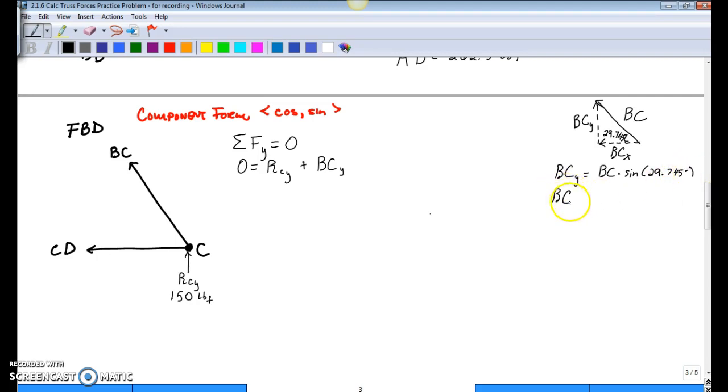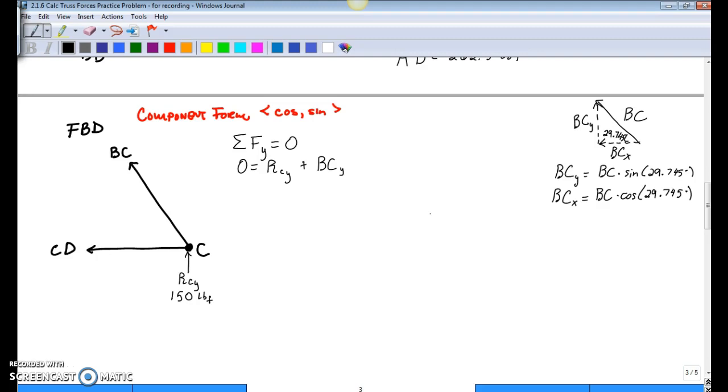While we're at it, BC in the X direction is the full member BC times cosine of 29.745. That's just simple trig. Sine of 29 is BCY over BC, so to get BCY by itself, it's the full magnitude BC times sine 29. Same thing for cosine. Cosine goes with your X direction.